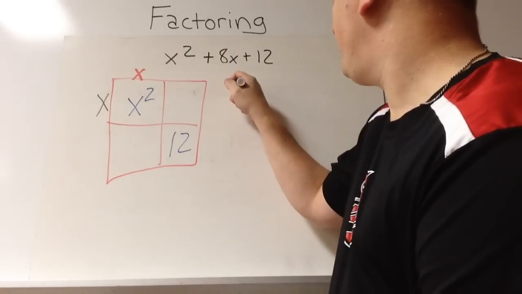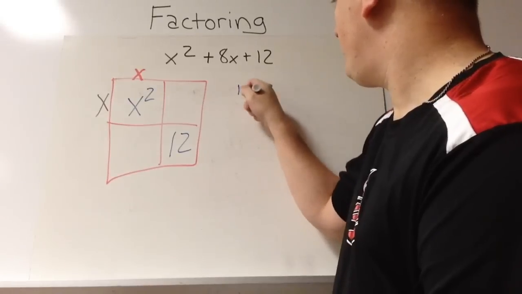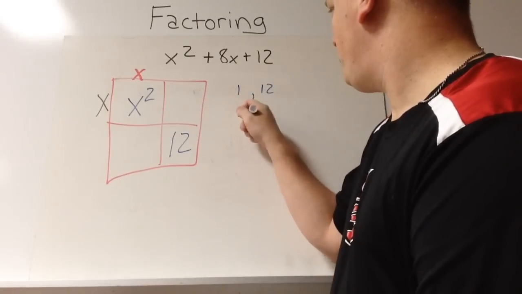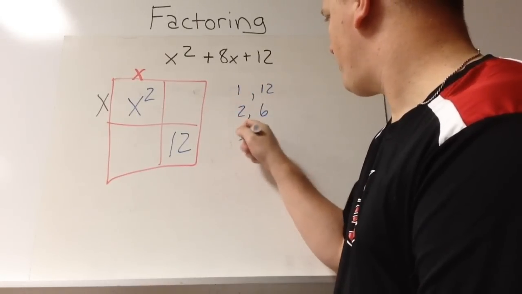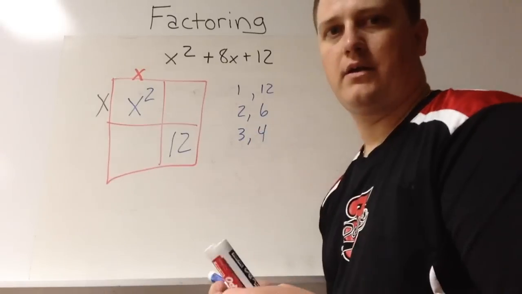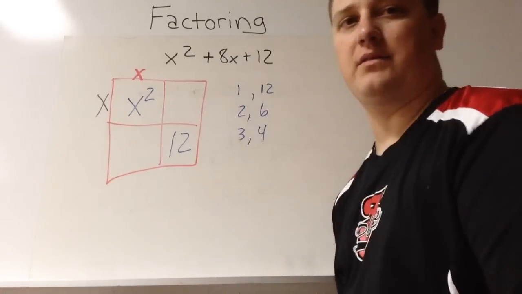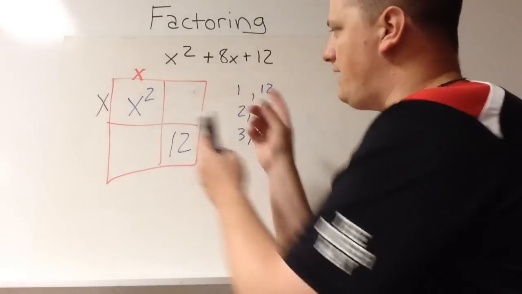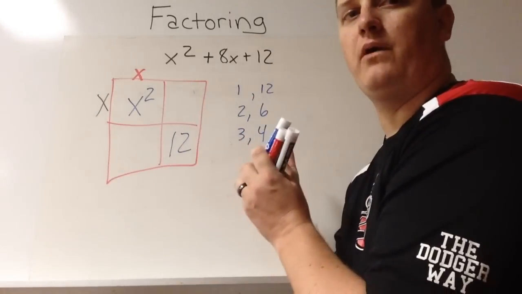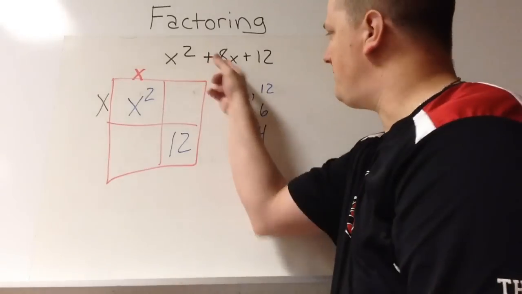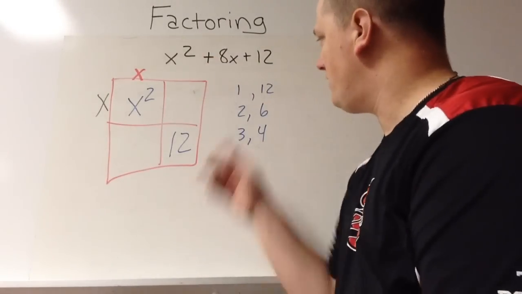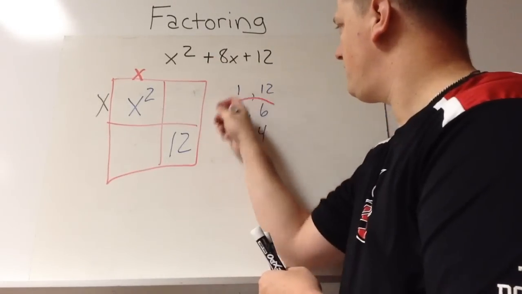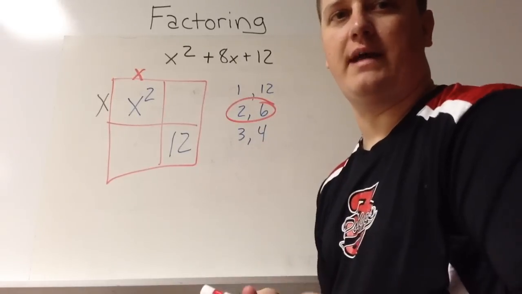So we want 1 and 12, 2 and 6, and 3 and 4. These are our possibilities that can make 12. What we're looking for is the two of these that will combine to make positive 8. Well, 2 and 6 make 8, so let's try that one first.